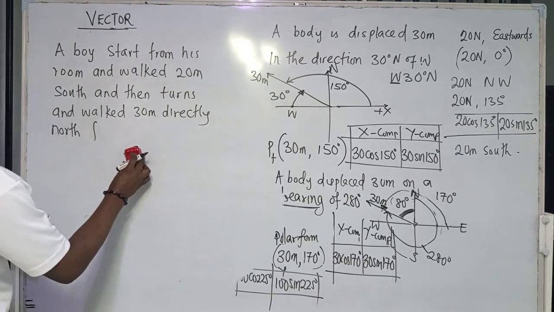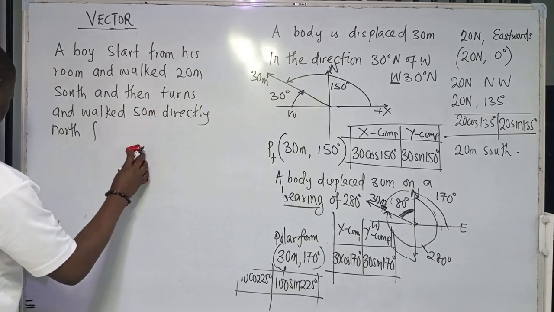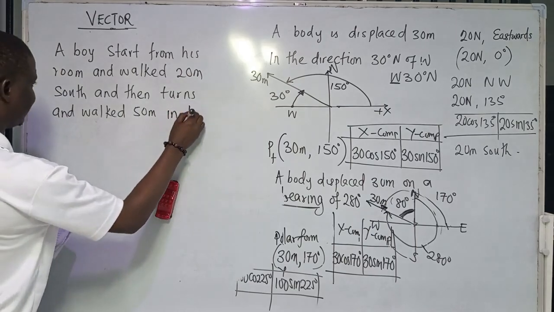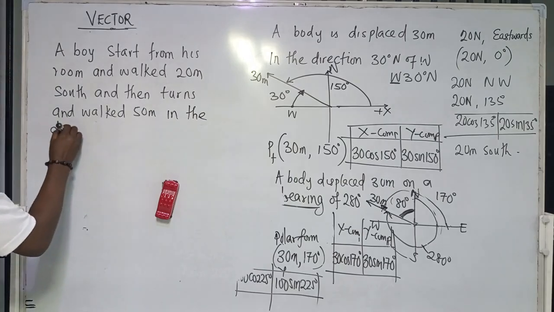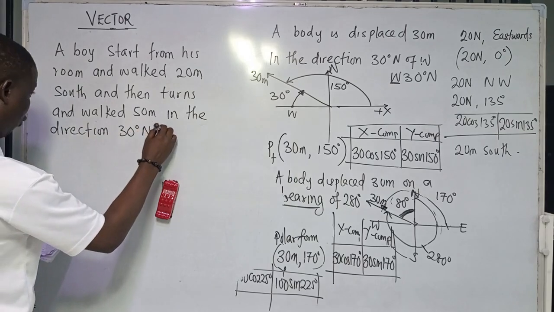Okay, I missed one. Turns and walks 50 meters in the direction 30 degrees north of west.